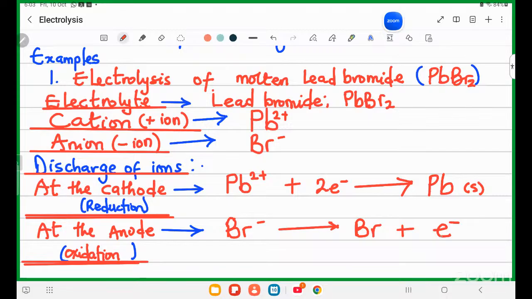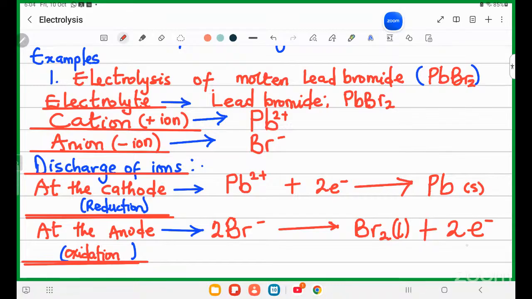Now, because bromine is a molecule that is stable as a liquid, we have to put 2 there. Bromine is a liquid. Unlike lead, which is a metal, this one is a non-metal. To balance this equation, we need to add another 2 there. Then we balance the electrons too to be 2e minus.